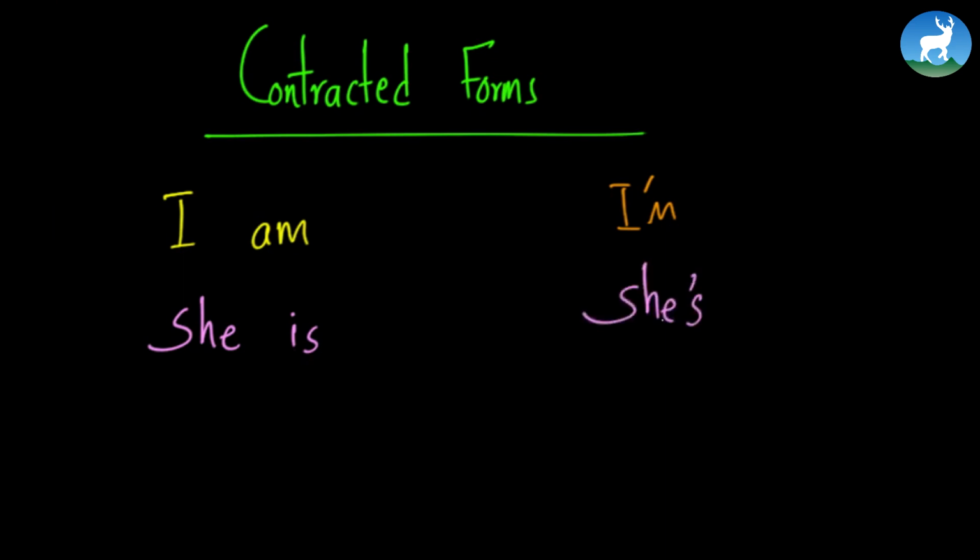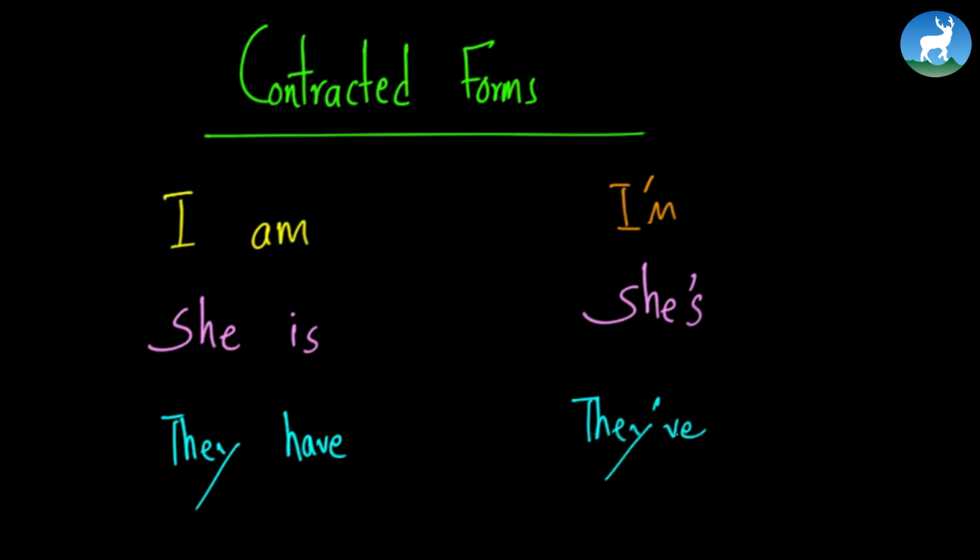She is. She's. They have. They've. They have a dog. They've a dog. You see the difference?